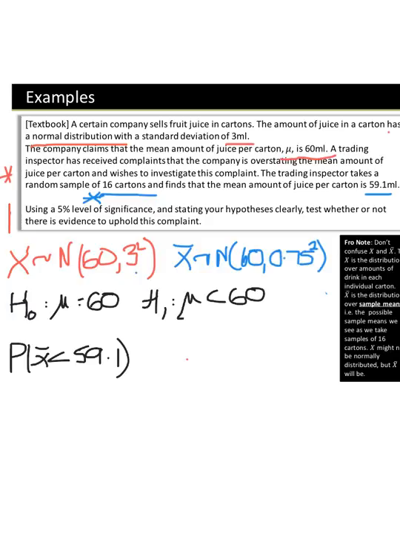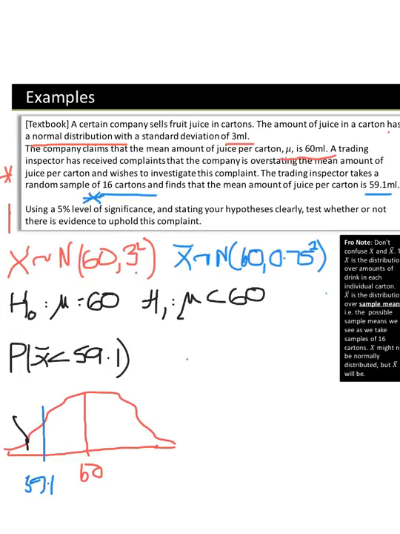So what we have here, if we just always draw a little diagram, it does help. A bit shaky here, but never mind. So we have our 60 and we have our 59.1, and we've got a one-tailed test, and we're testing at the 5% level of significance. So we have probability it falls, area 0.05.